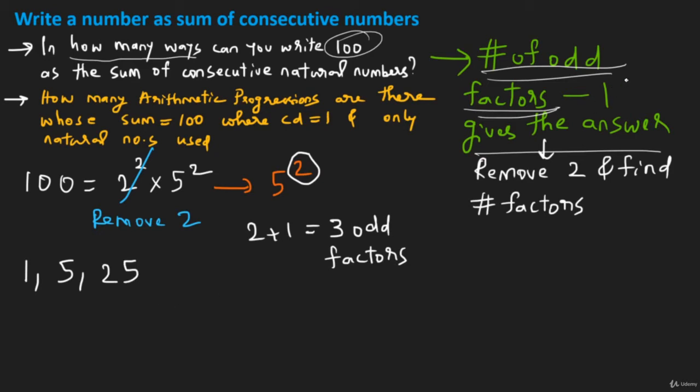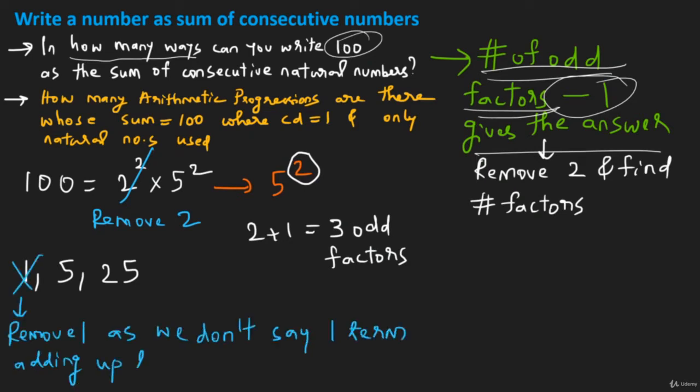Now, over here it's mentioned, after you find the number of odd factors, you need to subtract 1. So you have to remove this 1 over here. And why do we do that? As we go on with the method, you will understand why this is done. But at this point, you can remember we are removing 1 because we don't say that one term adds up to that number.